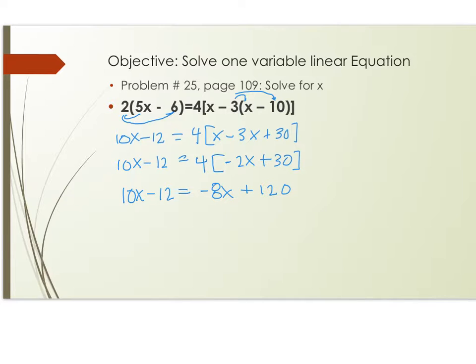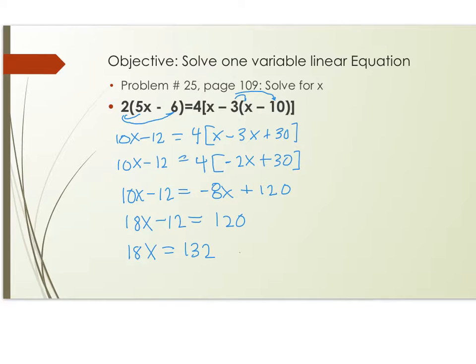And now we're going to go back and solve for x. So I will add an 8x to both sides. So I will have 18x minus 12 is equal to 120. And then I'll add 12 to both sides. I get 18x is equal to 132.